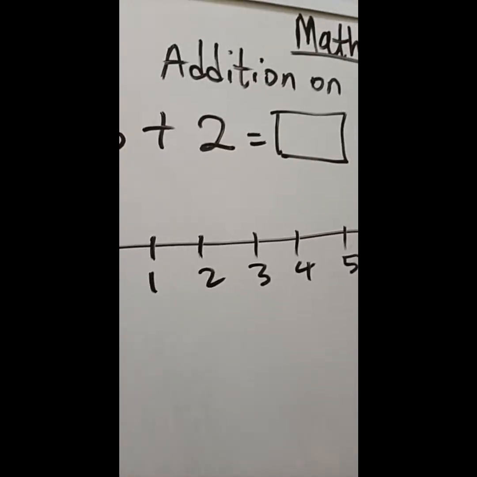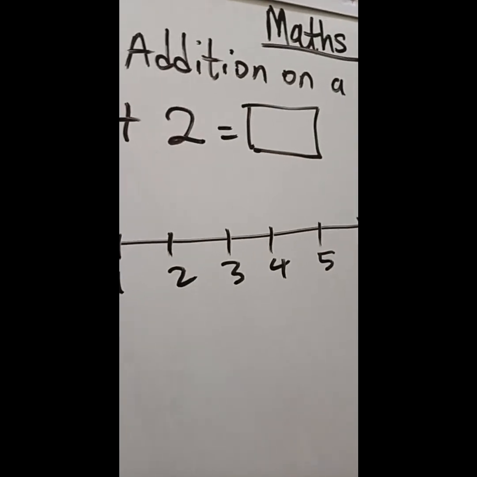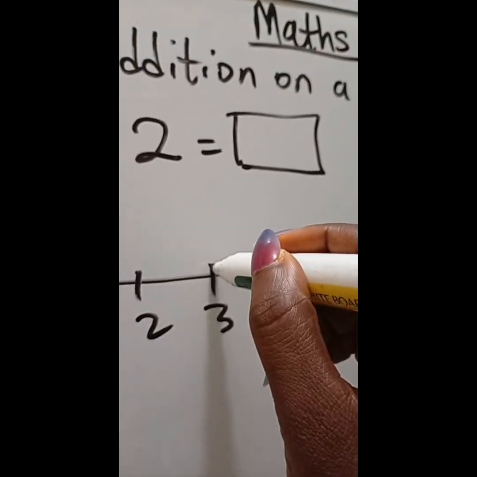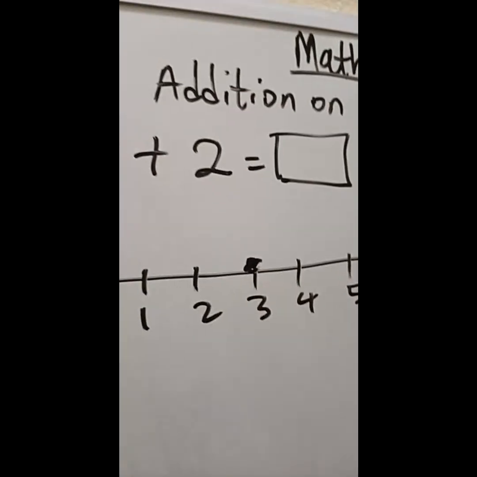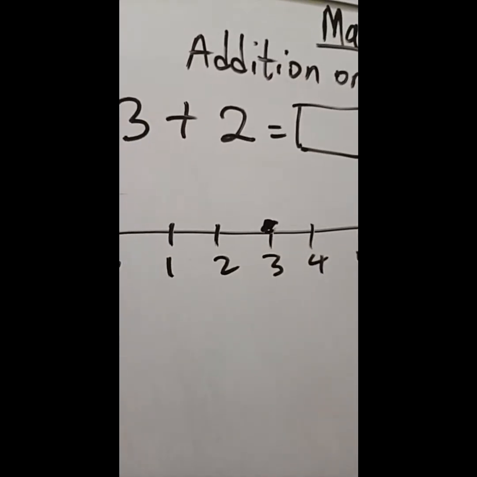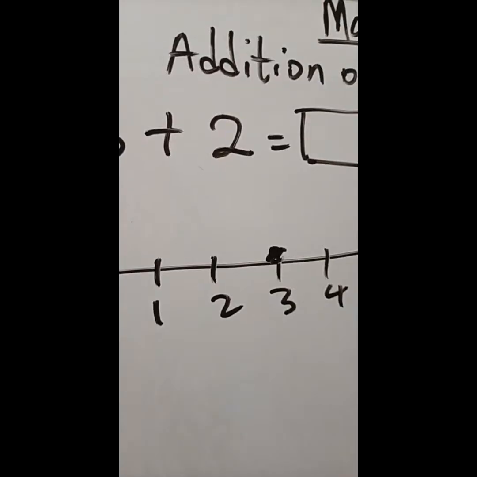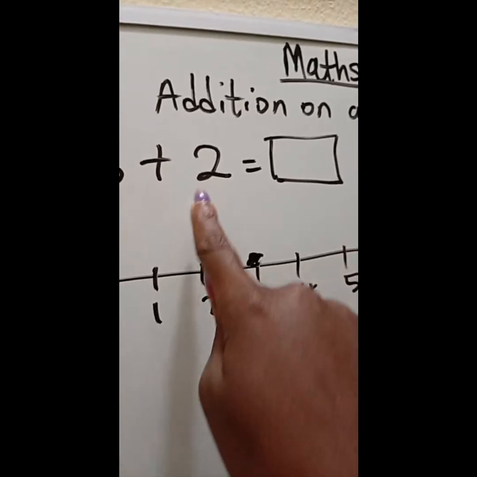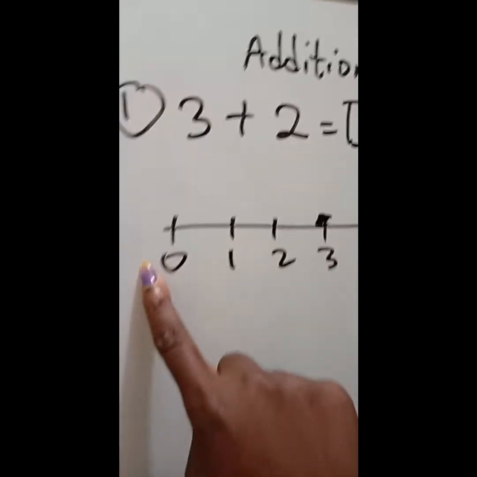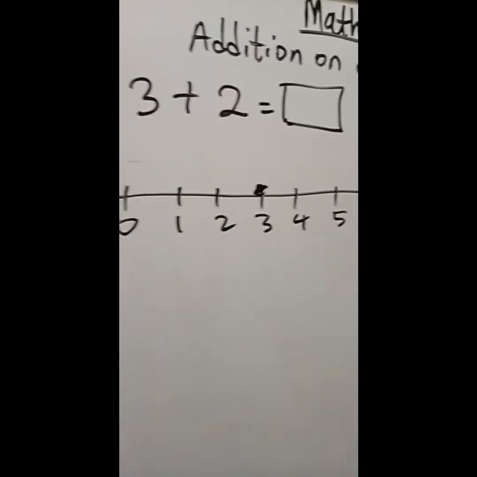Say the frog started its jump from here. How many jumps did the frog do? 2 jumps.